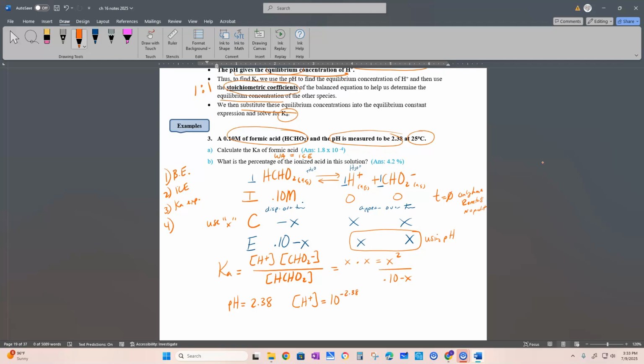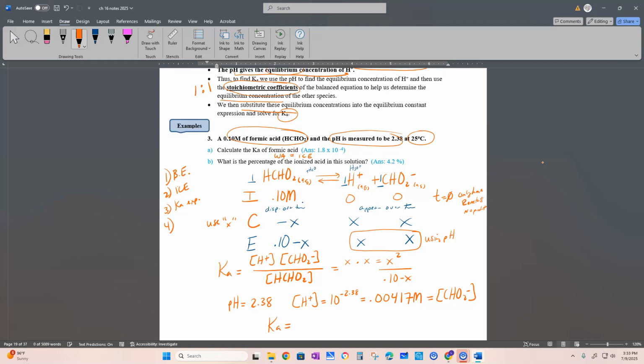Okay, so let's plug that in. Second function log negative 2.38, and I'm going to get for my H plus 0.00417, and that's molarity. But who else is that concentration? Well, that concentration is also the other product. It's also CHO2 negative because of the 1-to-1 ratio. And then now I have the numerator.